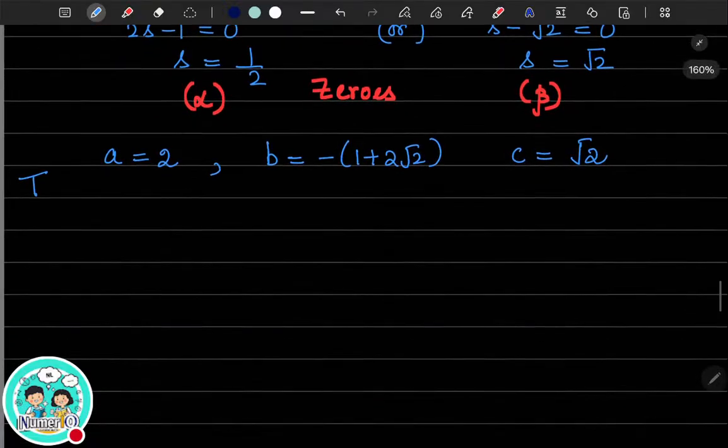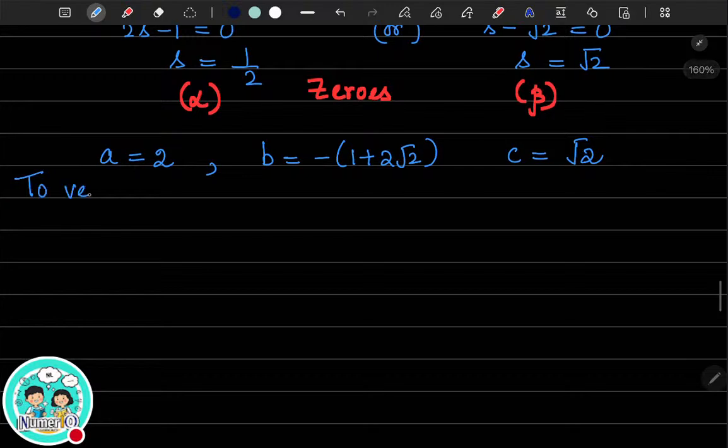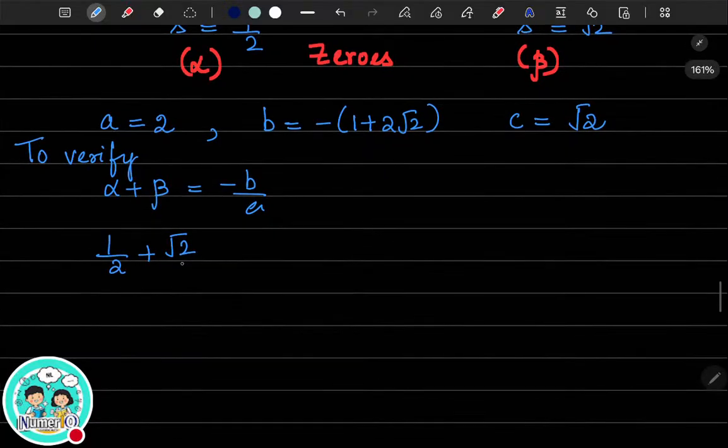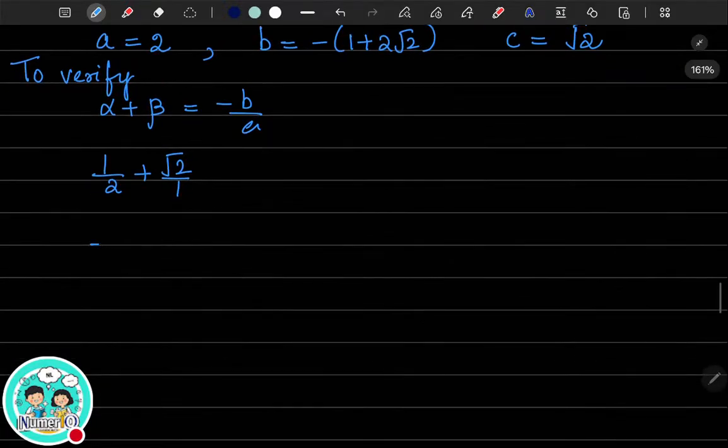To verify, alpha plus beta is equal to minus b by a. What is alpha? 1 by 2 plus beta is root 2. So take your LCM as 2.